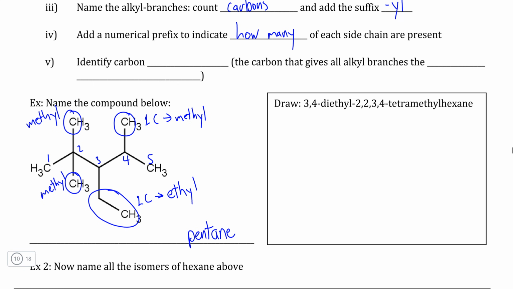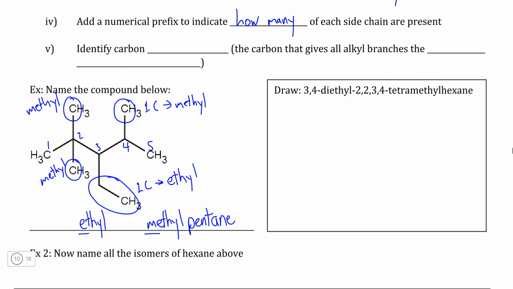Now, what we're going to do is set up the skeleton for how this name is going to work, and we are actually going to write ethyl on here first rather than methyl, because E comes earlier in the alphabet than M, and where all the side chains appear in the name is based on alphabetical order, which is why ethyl comes first. Now, we can see that there is not a single methyl.